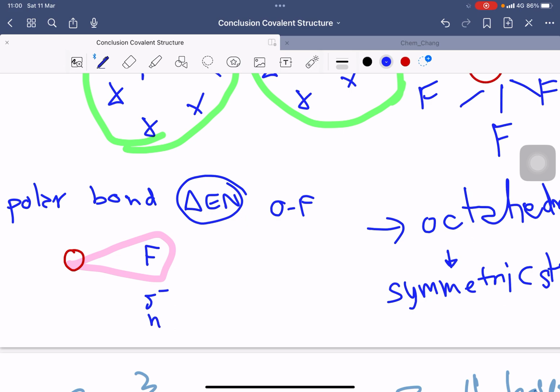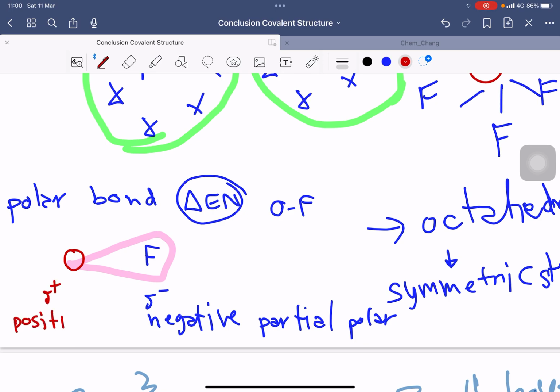You will get the negative partial polarity. We call this the partial polar. And this one will get the positive partial polarity.